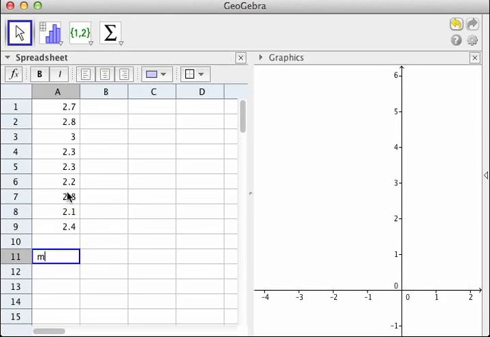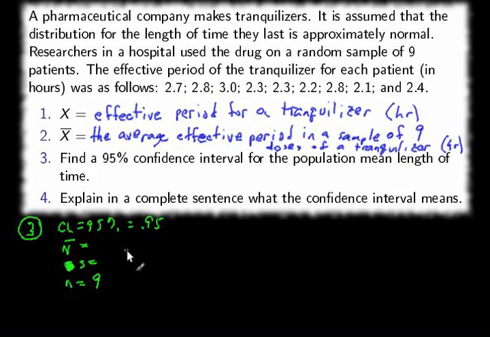Now, we get the mean and the sample standard deviation. And now we have the information we need, 2.51 and 0.32.